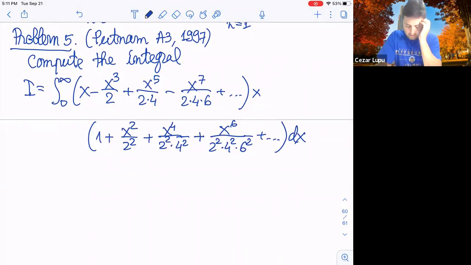Well, basically, we should recognize some things here. If you look in the first parentheses, maybe it's the power series expansion of a function, or maybe the product of two functions.